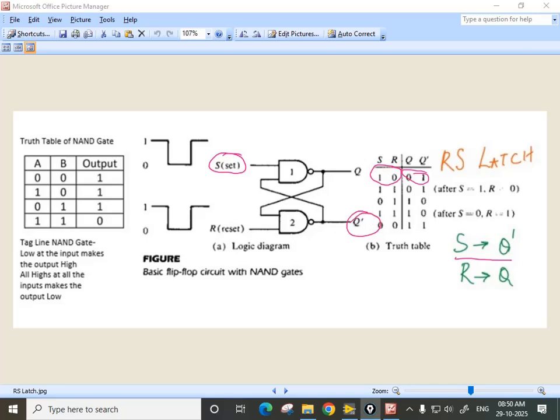And then the second condition: reset makes the output Q equal to 1. When reset is high, Q gets high. So set makes Q dash high, and reset makes Q high. So that's it for the RS latch.